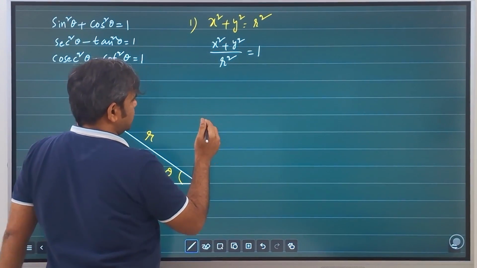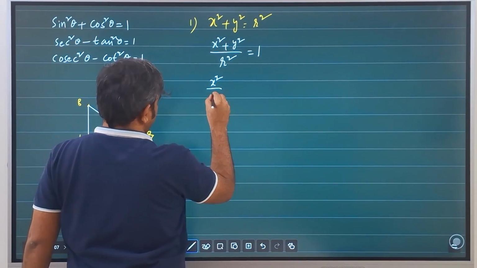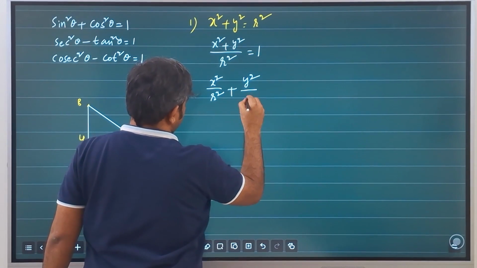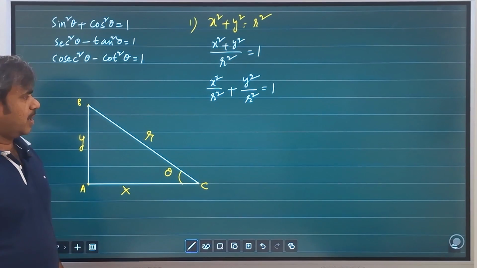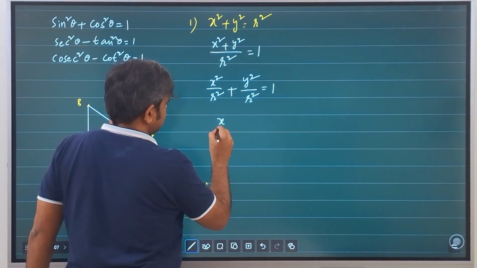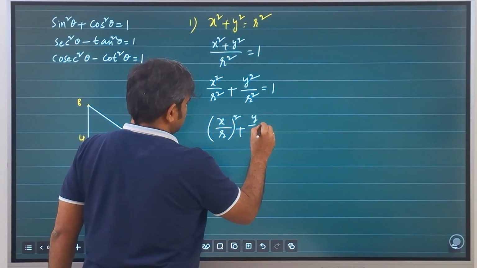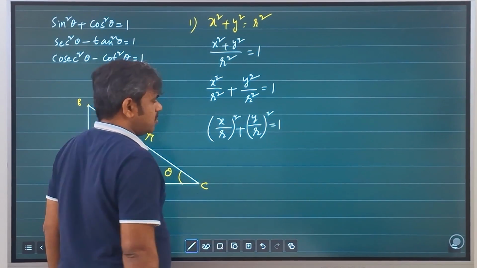Split the two terms on the left hand side. You will have x square by r square plus y square by r square is equal to 1. Or this is x divided by r whole square plus y divided by r whole square is equal to 1.